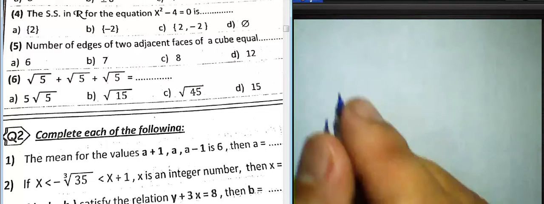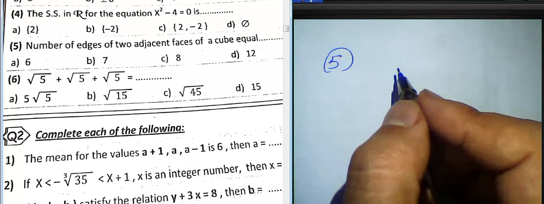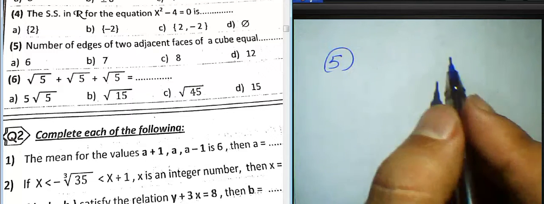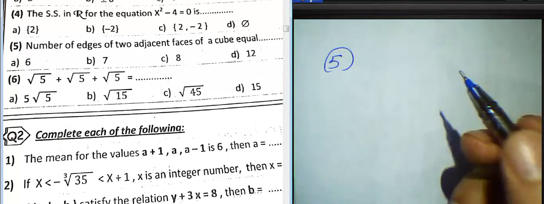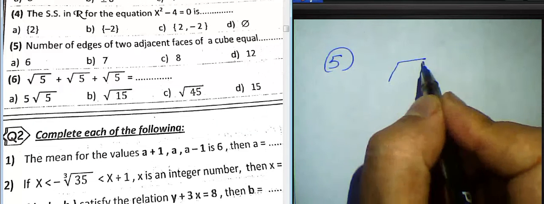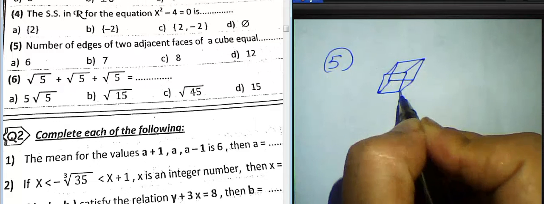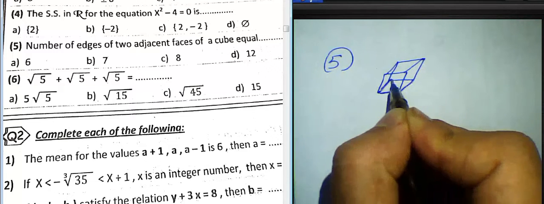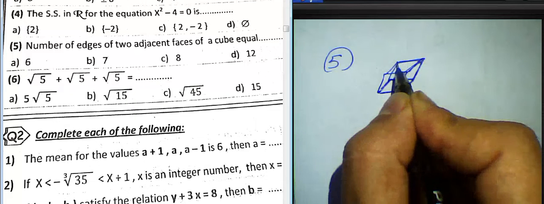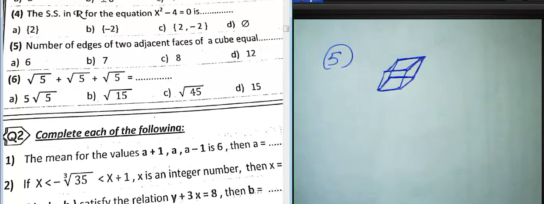Question number 5. The number of edges of two adjacent faces of a cube equals what? He asked about the number of edges between two adjacent faces.